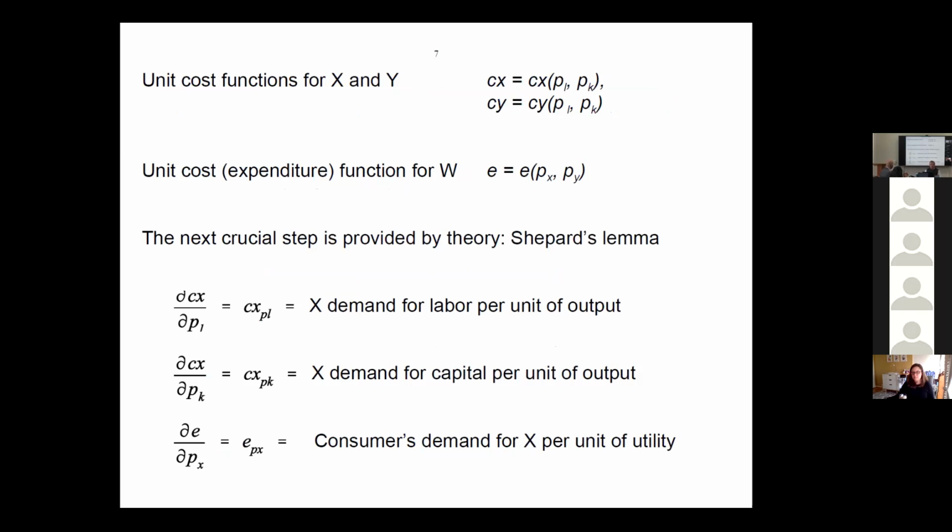And on the utility side, we do the same thing. We just have a different name for it. It's typically called an expenditure function, but it is exactly a cost function. It's the minimum cost of producing one unit of utility at goods prices, PX and PY.